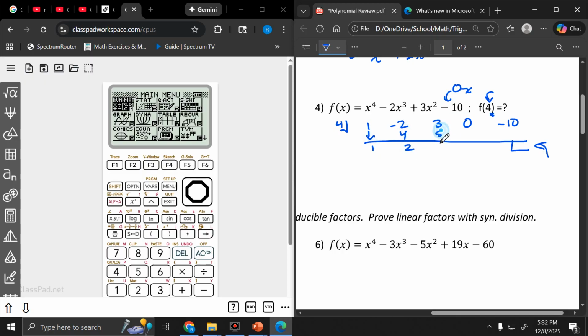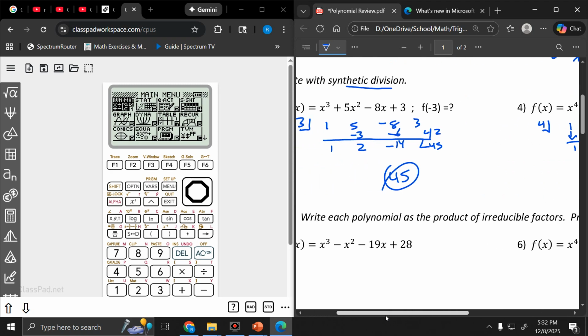So drop the 1, and I am just multiplying these. Oh shoot, this is going to be horrible. Times 4, 16, 176, so 166. So 166 is the answer.